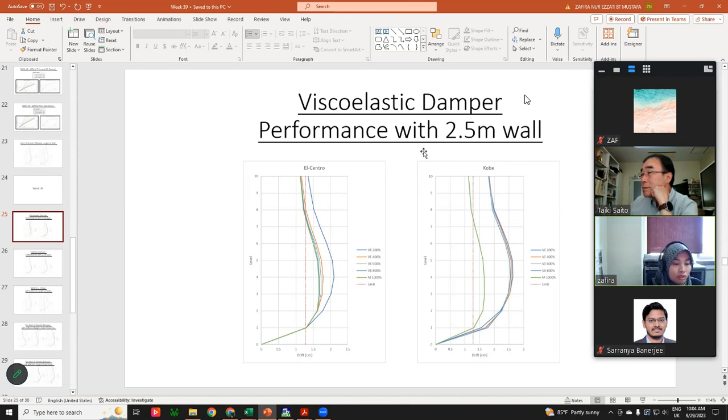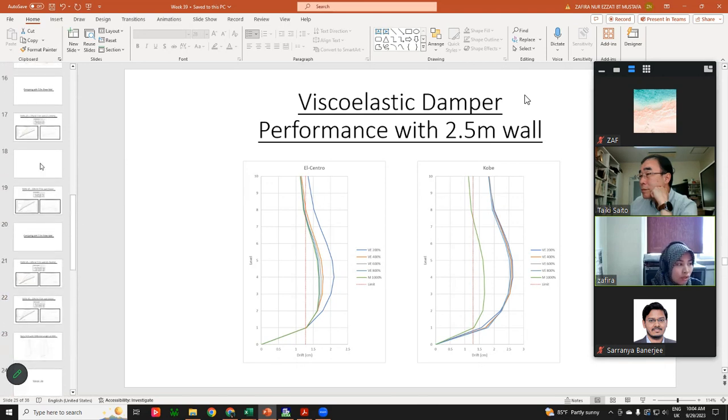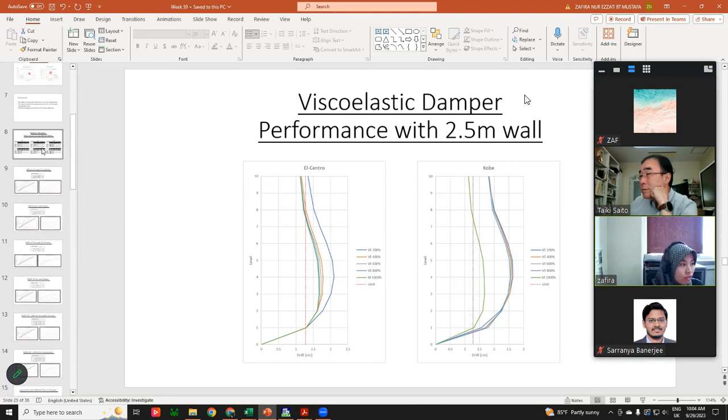And we try to choose which damper is suitable to get the best performance for the building. For 2.5, first we check the viscoelastic from 200% to 1000%. Actually, we cannot achieve the limit, and we also know that 2.5 meter is a small wall length and the degree of coupling is also a bit higher if we check here.